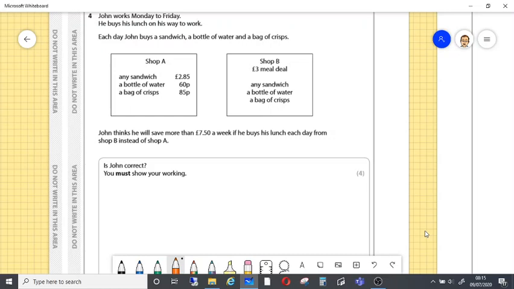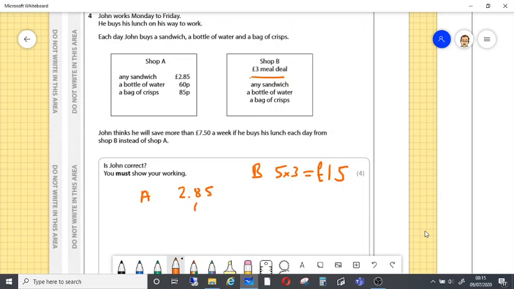There's only one price in there, so it's £3 for a meal and 5 days Monday to Friday. So shop B is 5 times 3, which is £15 for the week. That's fairly straightforward. Shop A, however, we've got a sandwich at £2.85.